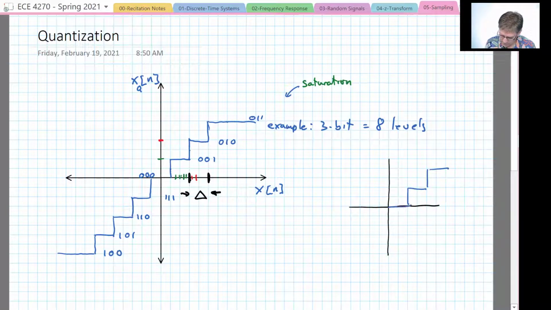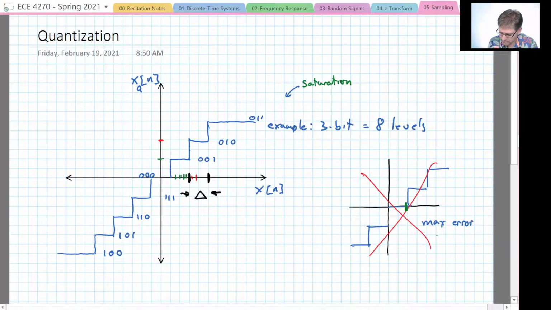And generally that's not good. The reason why is because an input value right here is going to be mapped to 0, which means for this situation, the maximum quantization error you're going to get is delta.